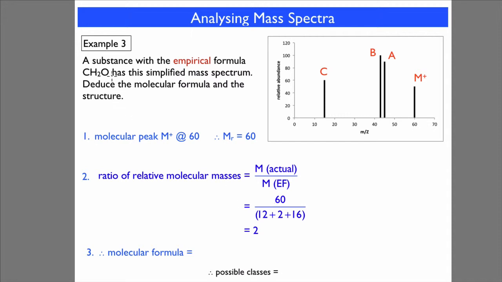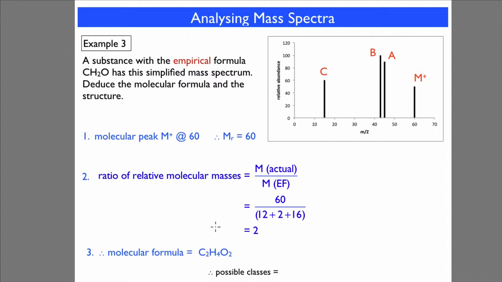We know it's CH2O, so we've got 12 for the carbon, 2 for the hydrogen, 16 for the oxygen. Do the math, you can see it's twice, so the actual molecular mass is twice the empirical formula. So the molecular formula will be C2H4O2.